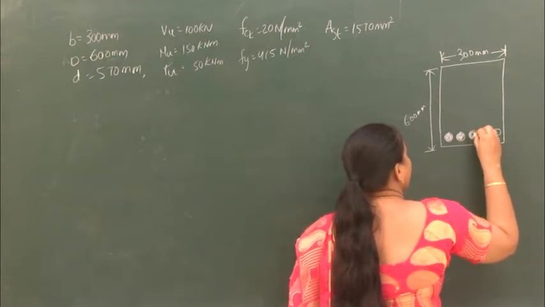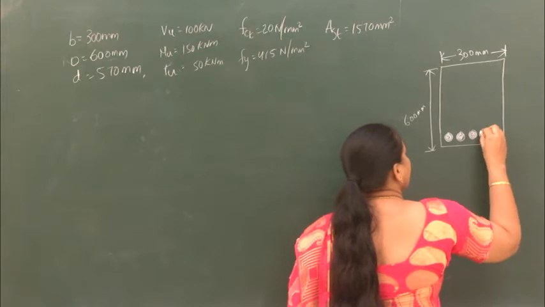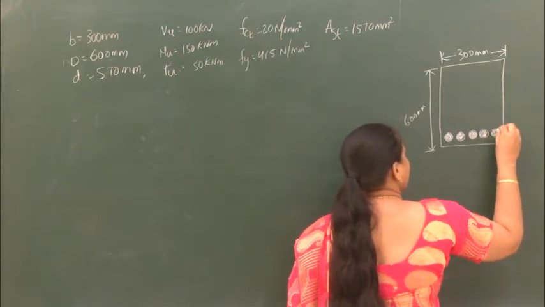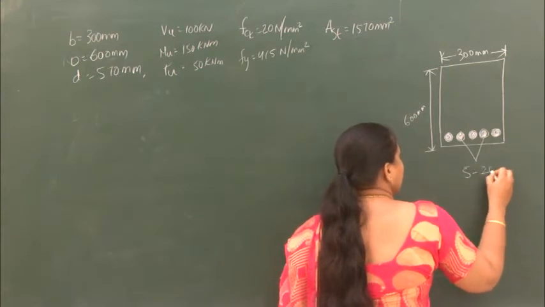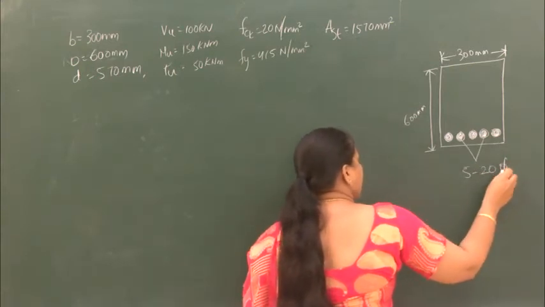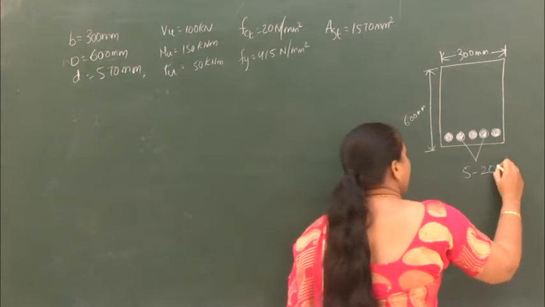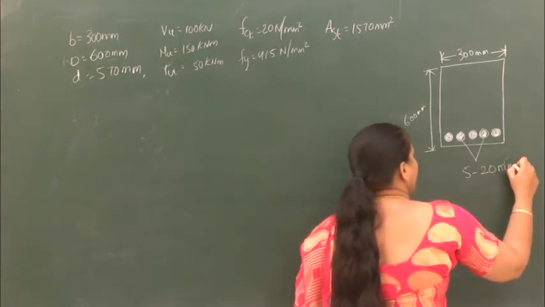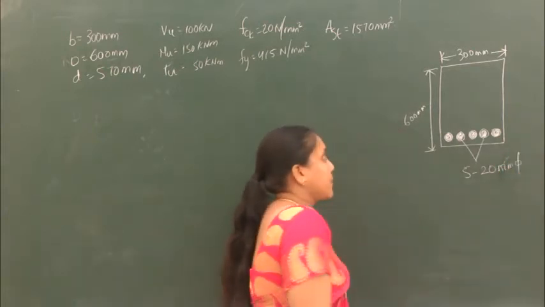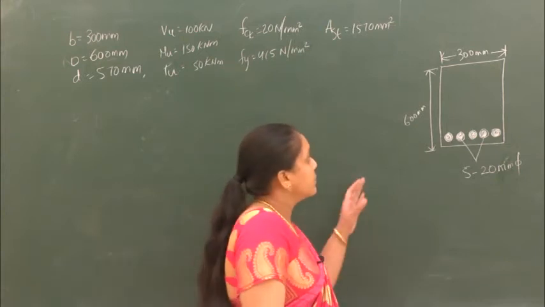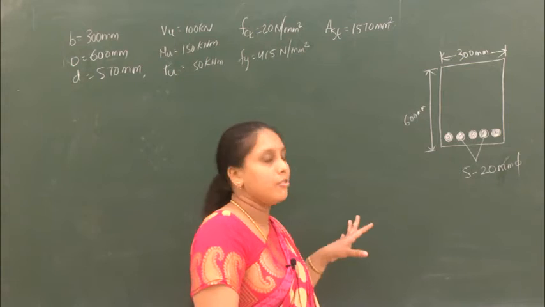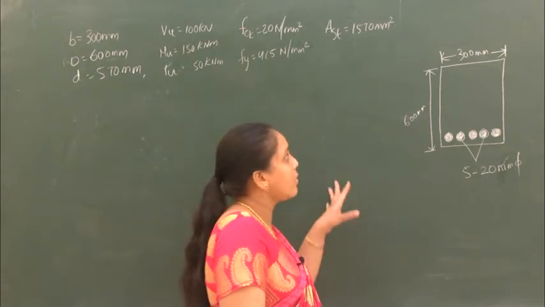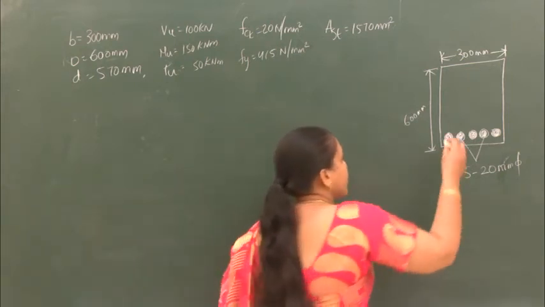So here I am providing 5 bars, each of dia 20 mm diameter, and we are providing 2 bars of 12 mm diameter on the top.